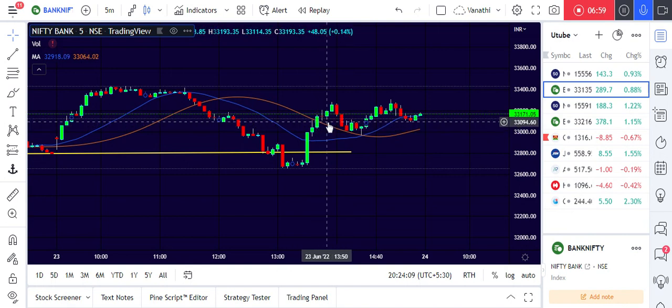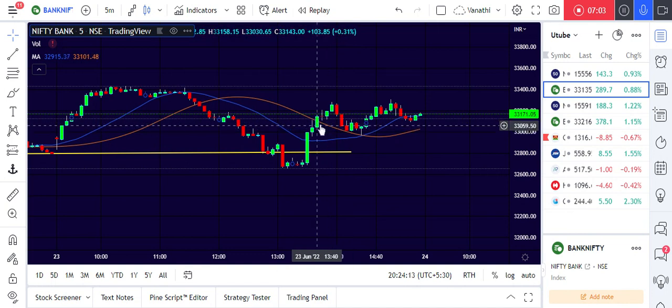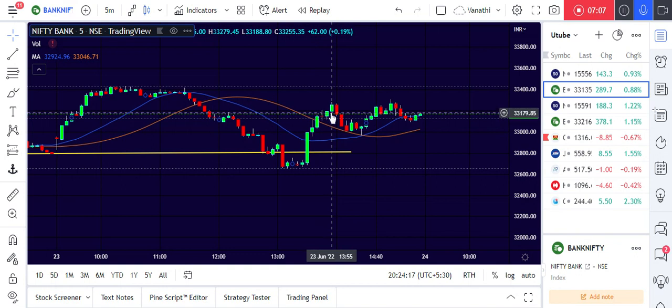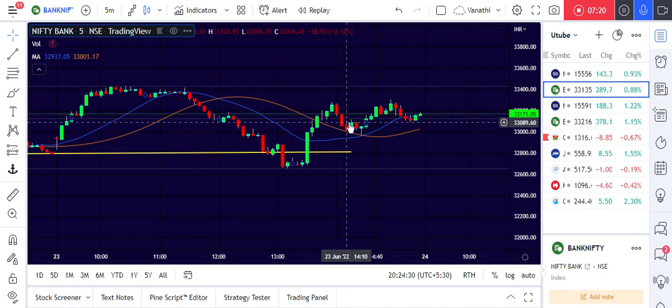So that entry was a late entry, because if you had taken entry here, then this is the perfect entry. But I took entry around this level, and it was somewhat late, not the right entry. And after 5 minutes it reversed, so it hit my stop. So that was the loss.